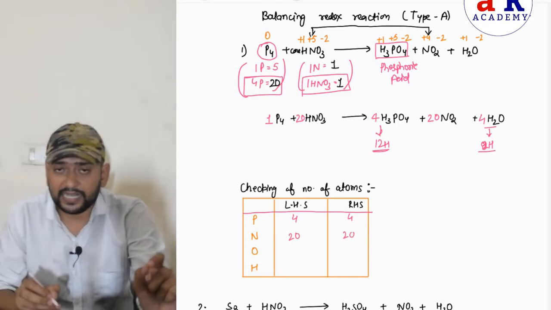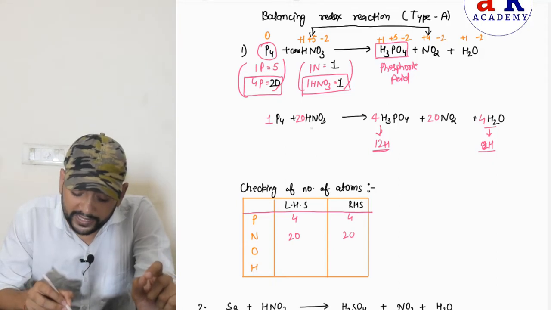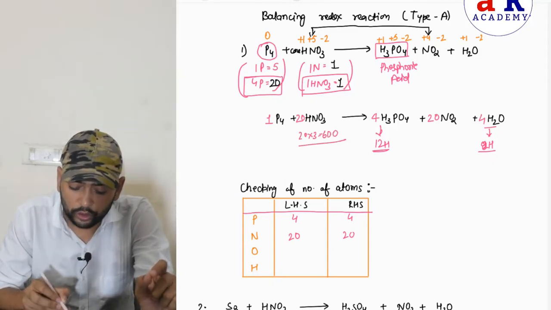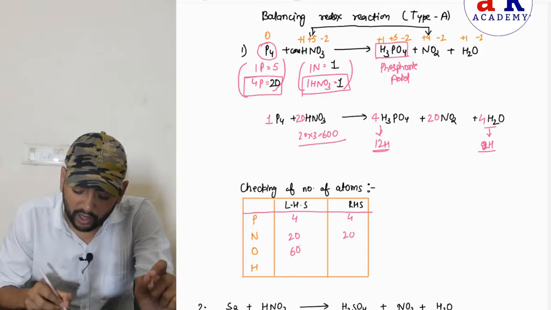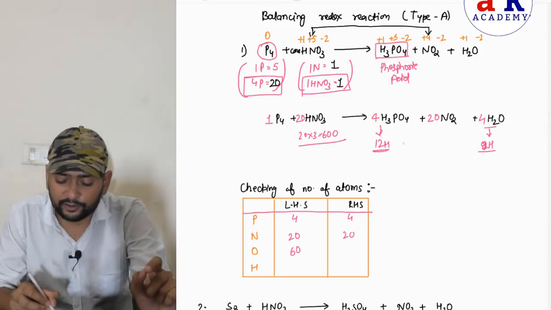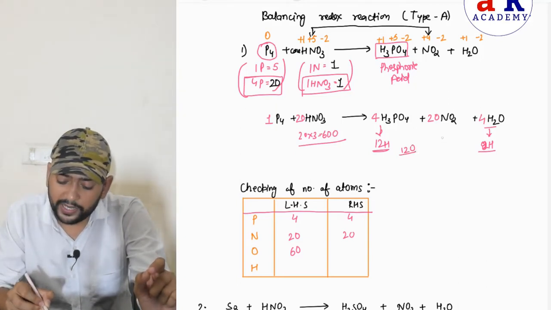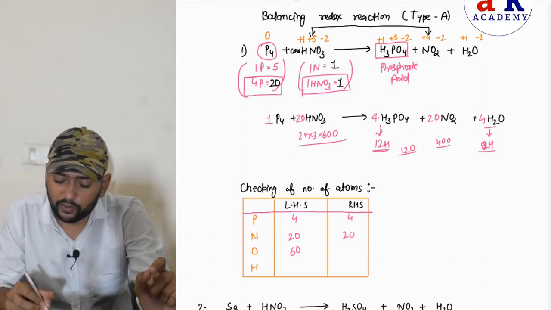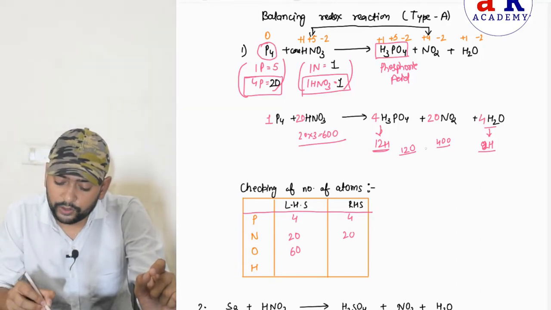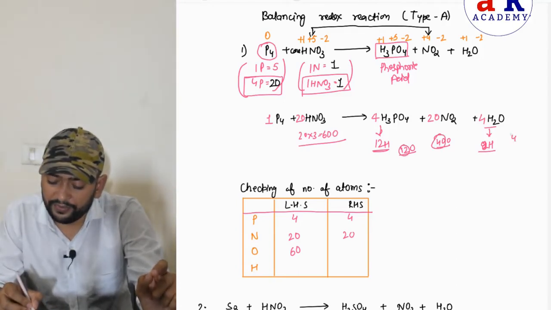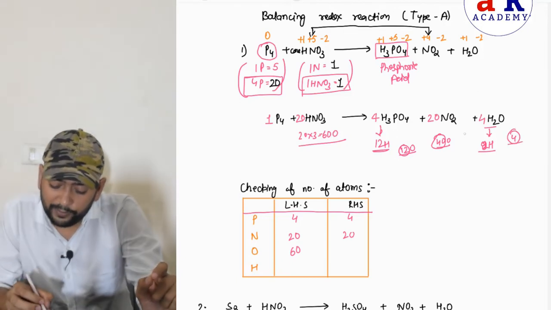On the left hand side for oxygen it is 20 into 3, which means 60 O. So here we have 60 on the left hand side. On the right hand side, it is 12 oxygen over here and 40 oxygen over here, so 12 plus 40, and over here we have 4. So how much will it be?